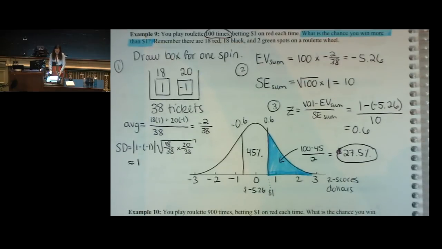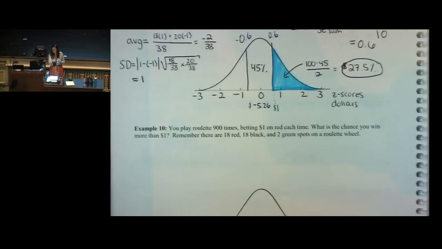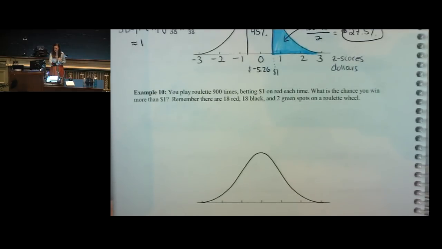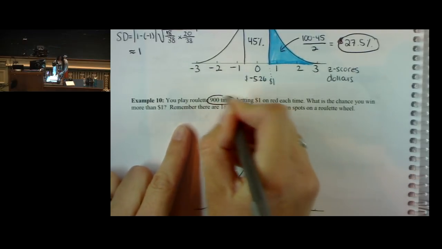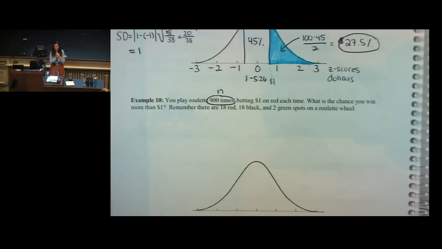Okay, any questions on this? All right, we're gonna do one more because I wanna ask you guys a question. It says suppose you play roulette 900 times, all right? So N goes up. What's the chance you win more than $1? So now I want to know, the more I play, should my chance go up or down?